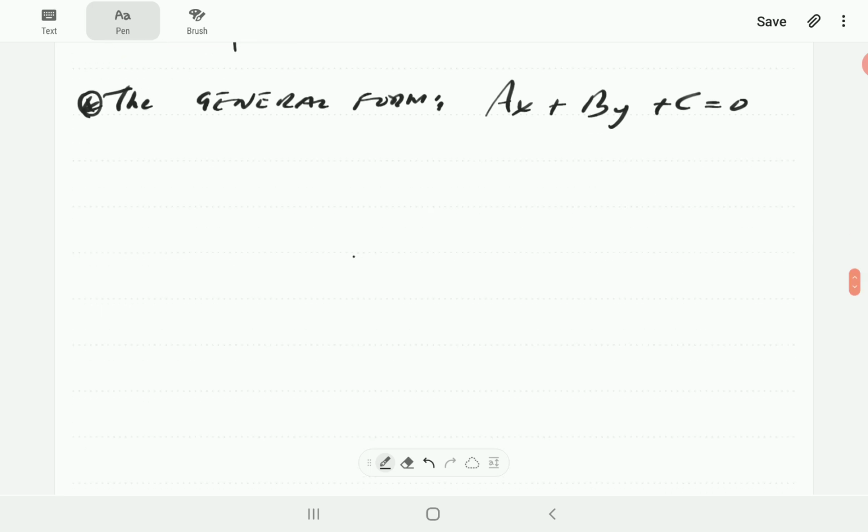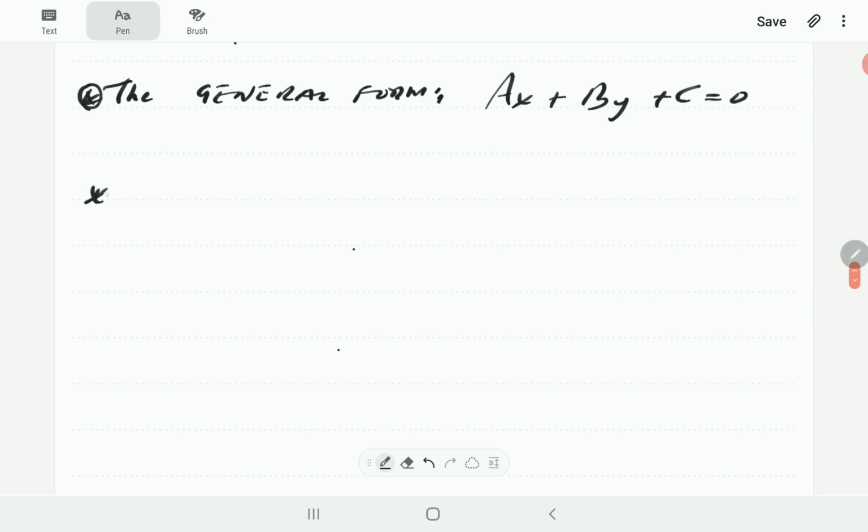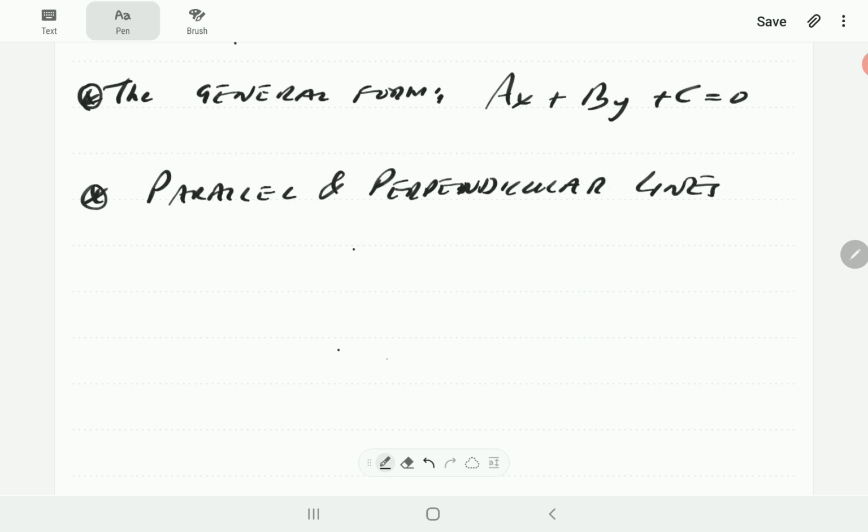Okay, then let's talk about parallel and perpendicular lines.